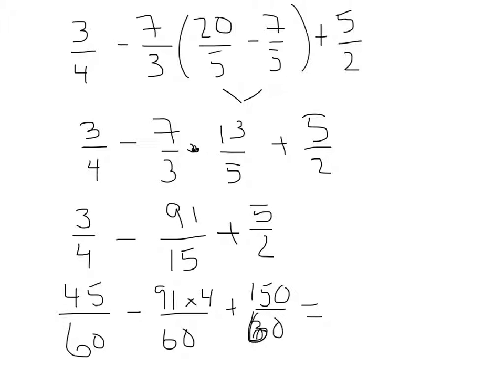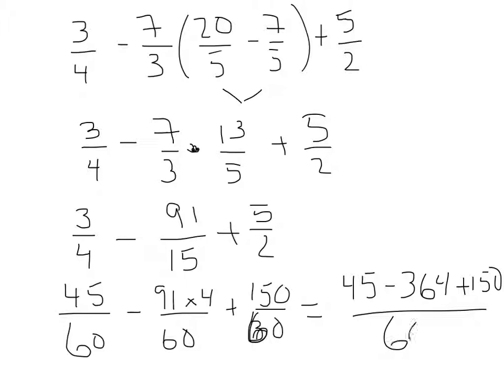And so this gives us 45 minus 4 times 91 is 364, plus 150 over 60. And once again, I'll move to the next slide.